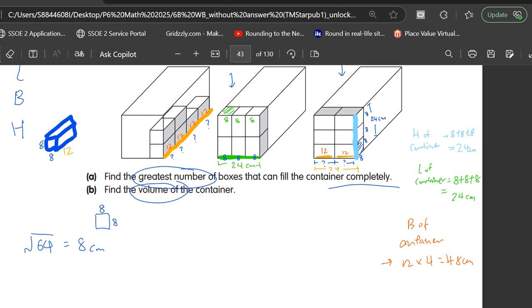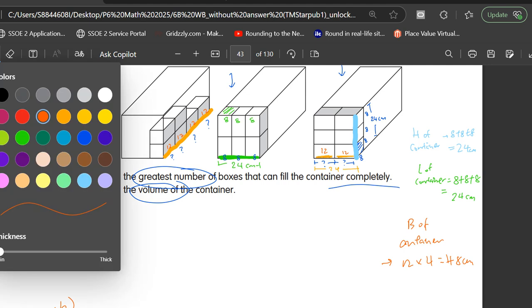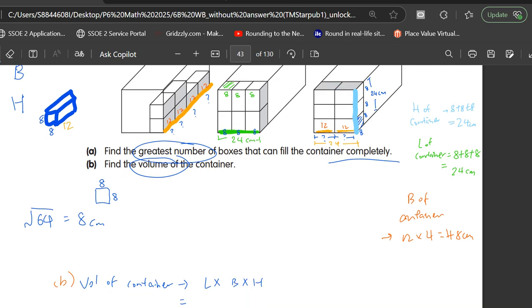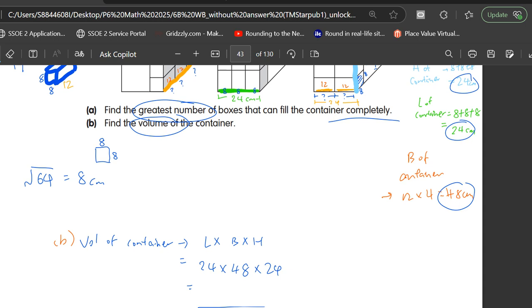That gives us part B's answer, where the volume of the container is length times breadth times height, which is the measurements here, 24 times 24 times 48. Which I can press on the calculator and give the answer in cm cubed.